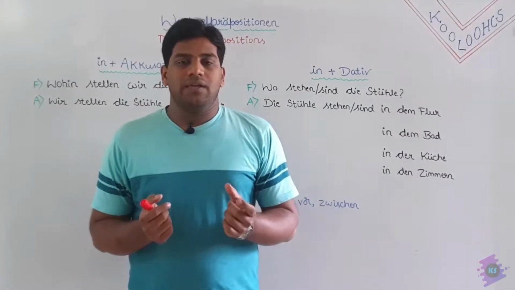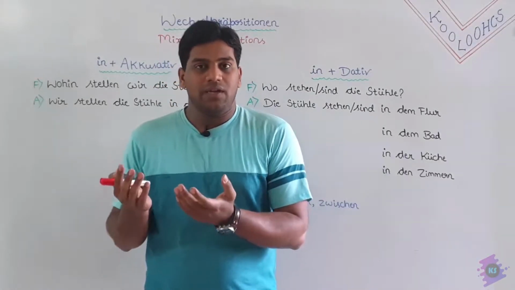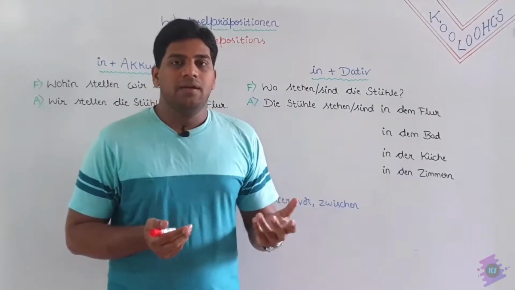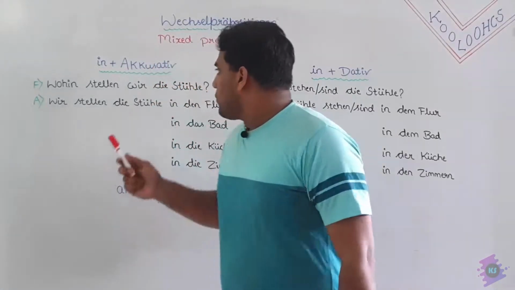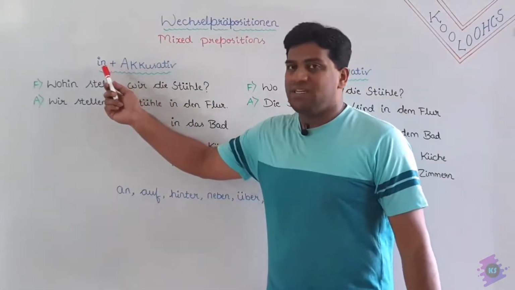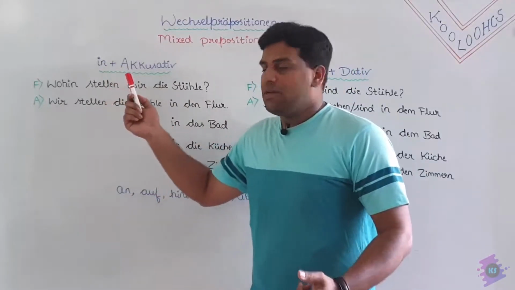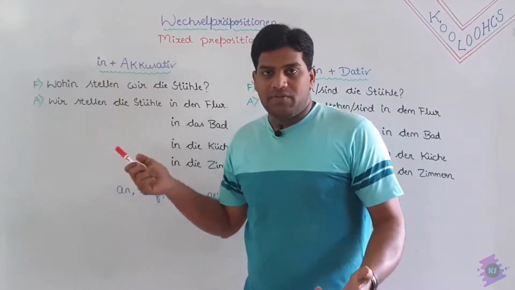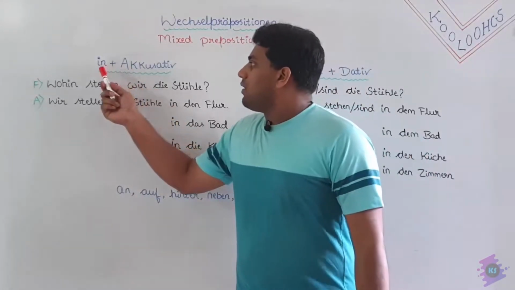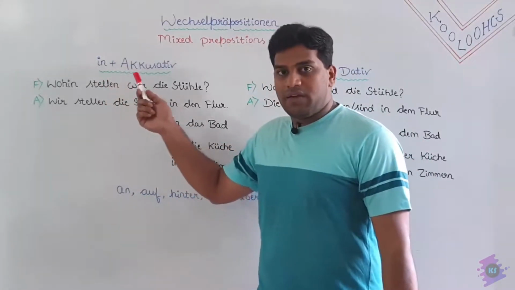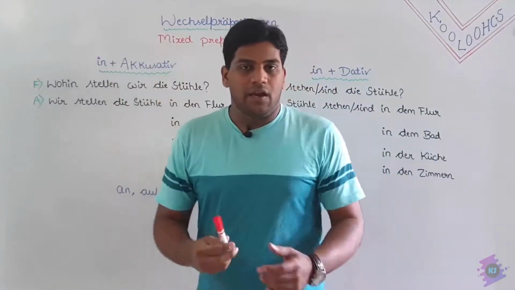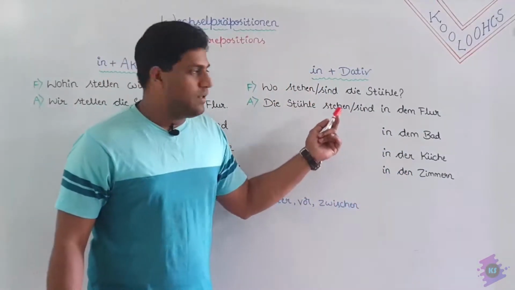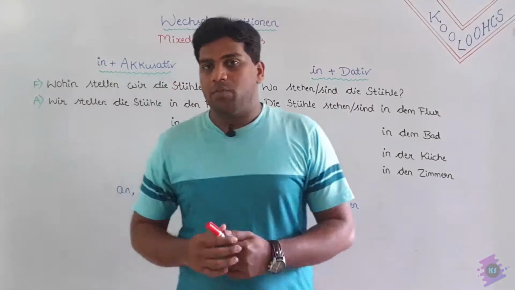It can demand accusative in one case, and in the other case it can demand dative articles. Here I am going to explain the mixed preposition in. In is a mixed preposition. That means in German is in itself in English. Here it demands an accusative article in this case, and it can also demand a dative article in this case. So let me explain more about this.